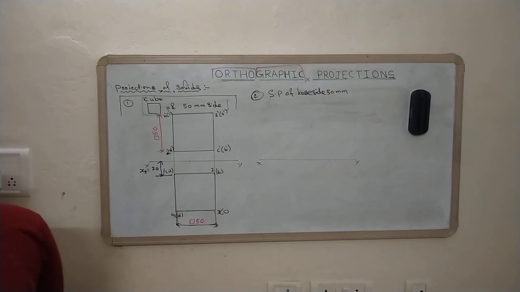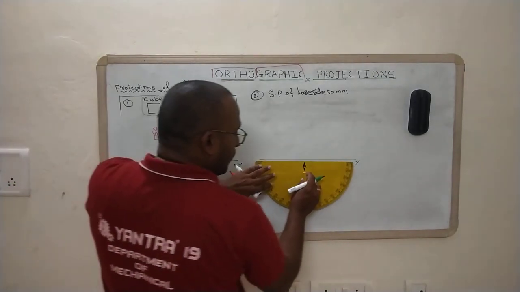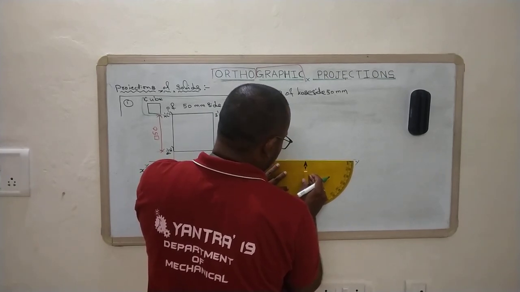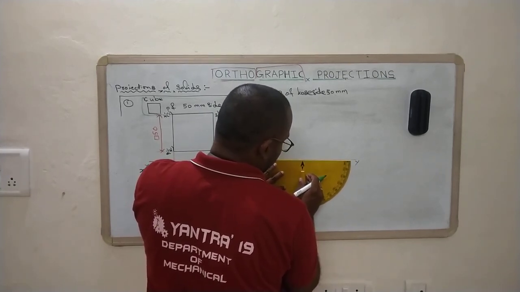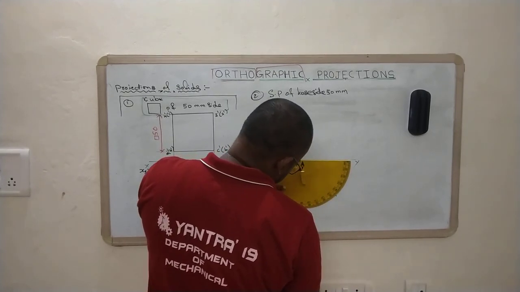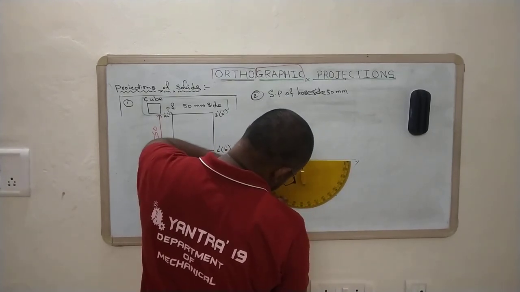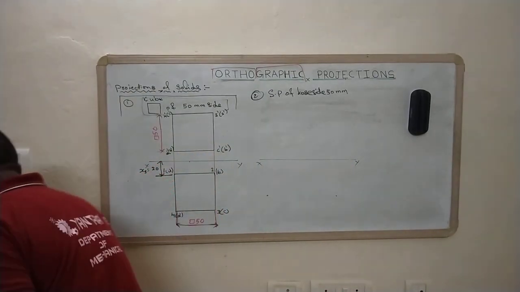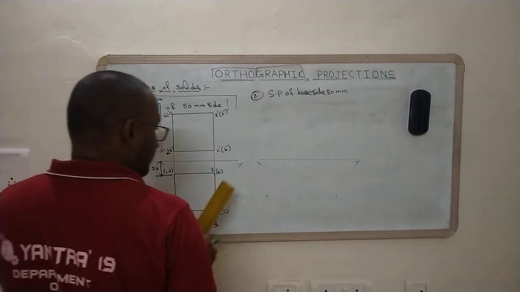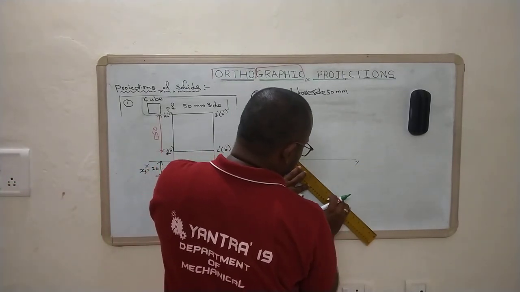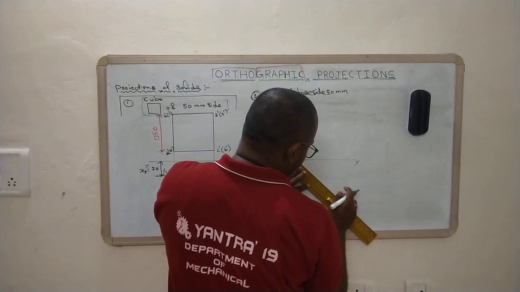So by placing the angle of 45 degrees, here it is 50 mm side.